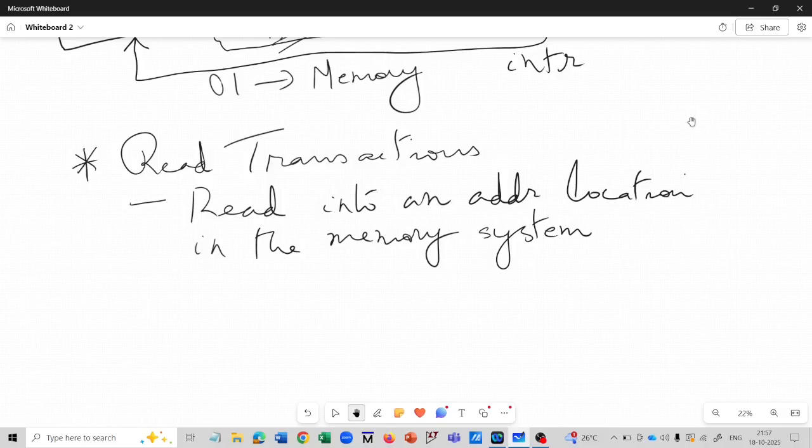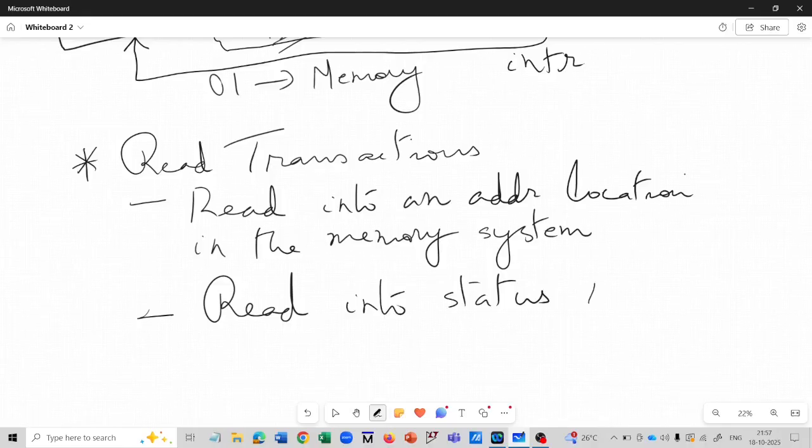There will be an interrupt service routine. The interrupt service routine will again initiate a read into the memory controller. Again, please remember that this is also a read transaction, but the target of this read transaction is not a memory location in the memory system. It is a read into the status register.